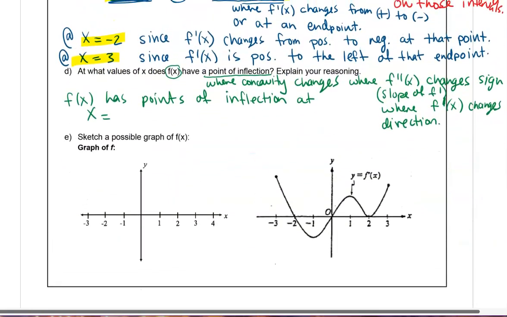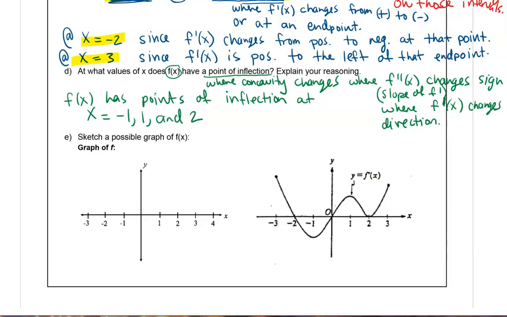And then for our explanation right here, we would say because f prime of x changes direction at these x values.